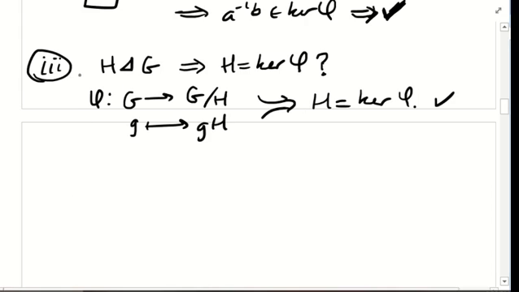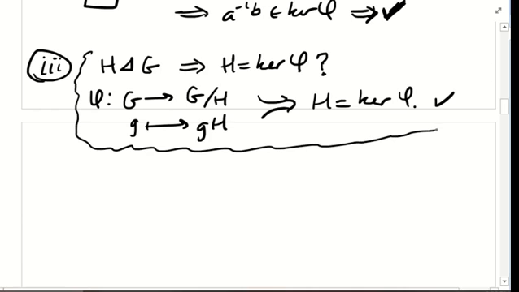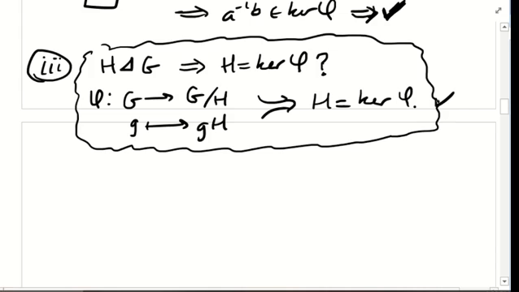Now, this is not what we stated. This is the converse, right? But let's just say we are a kernel of a homomorphism. Okay, is this normal in G?